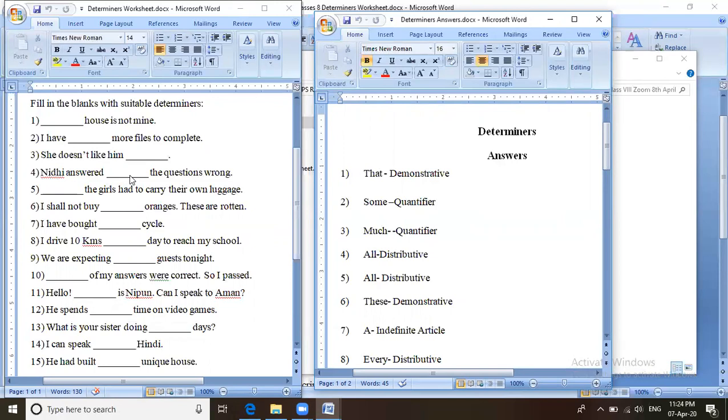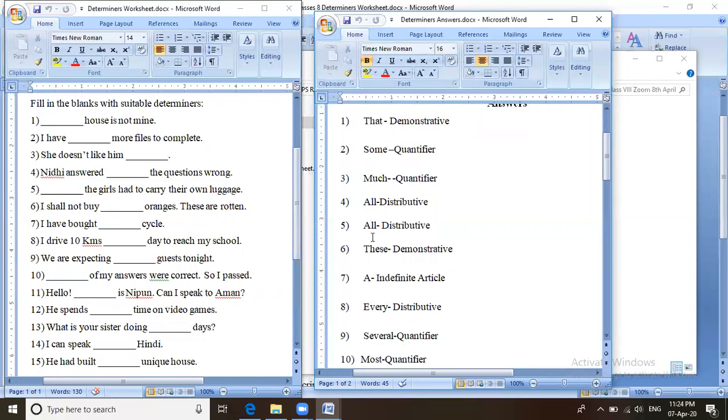Distributive. All the girls had to carry their own luggage. Also distributive. I shall not buy these oranges. These is demonstrative.